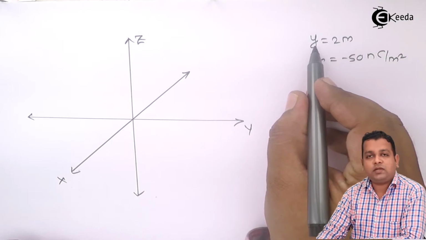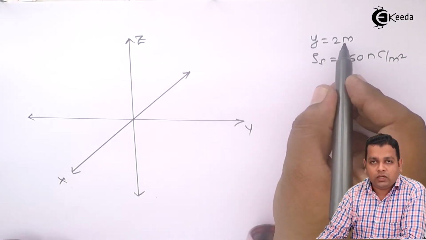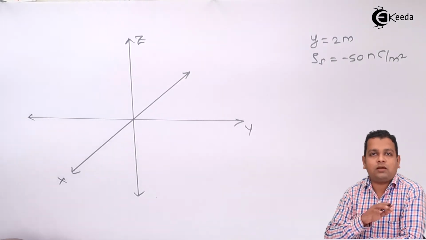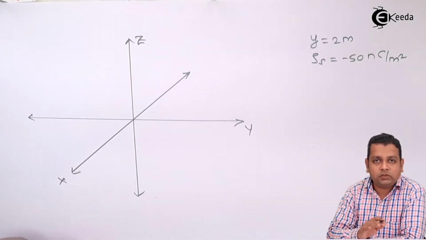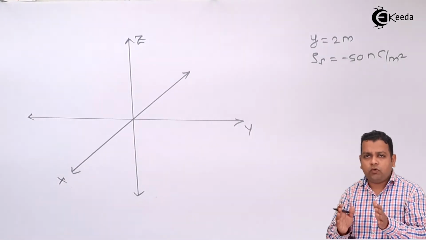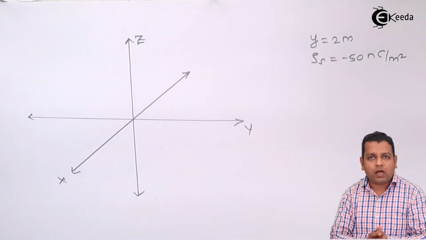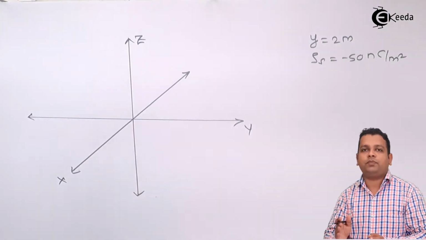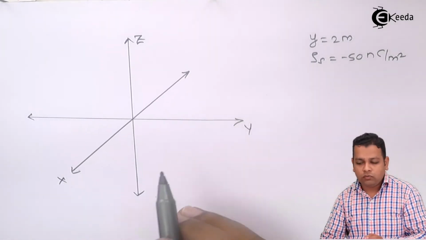Now it has limited the value of y equal to 2 only, whereas x and z can have their natural ranges, from minus infinity to plus infinity. So the uniform infinite sheet of charge is a plane parallel to the xz plane at y equal to 2 meters.